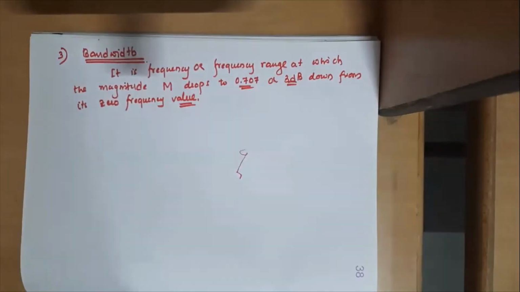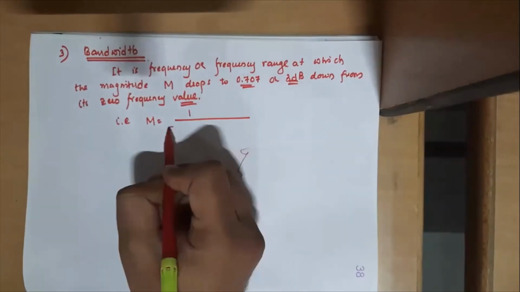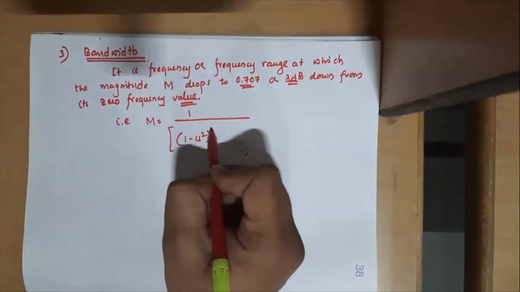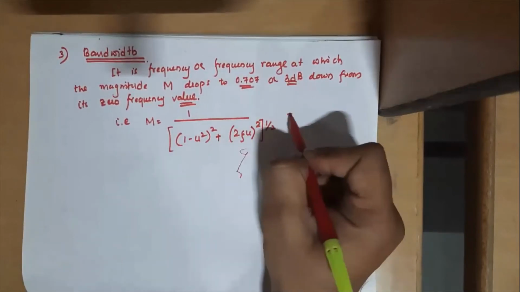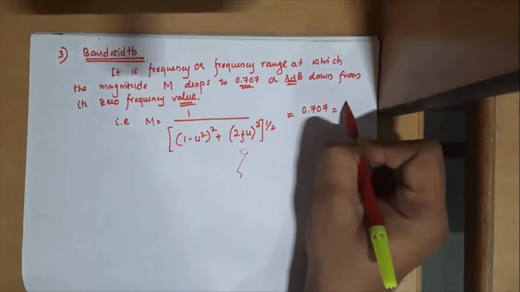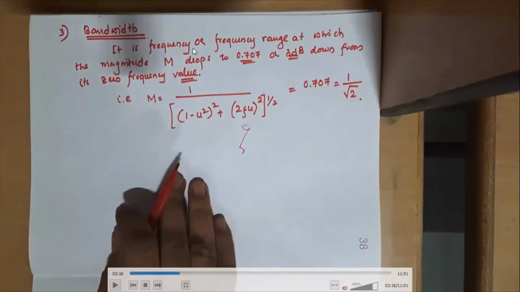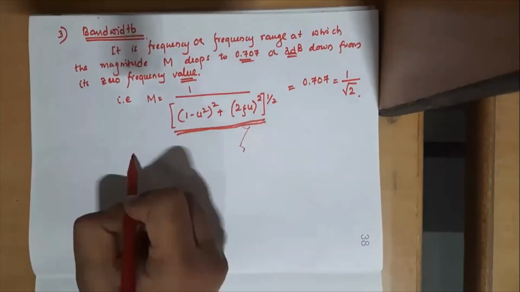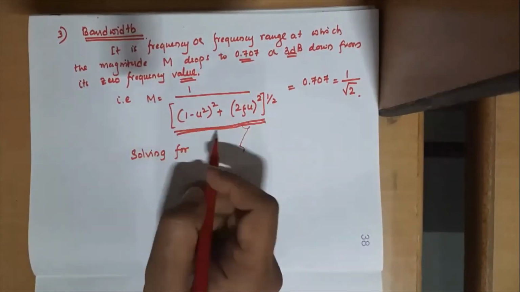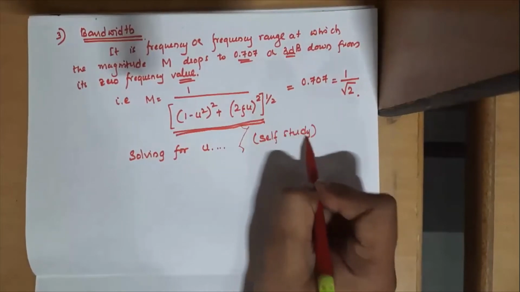I'll show you with the graph what is meant by that zero frequency value. So now just understand that it is 0.707 times the magnitude at zero frequency. So that is equal to 1 divided by root 2. So it is the frequency at which this much magnitude occurs, fine, at zero frequency.